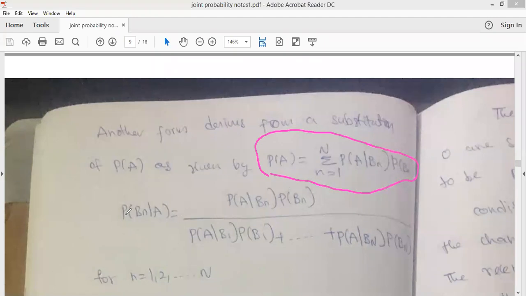So probability of Bn given A will be equal to probability of A given Bn into probability of Bn divided by P of A, where probability of A is now replaced with this equation.